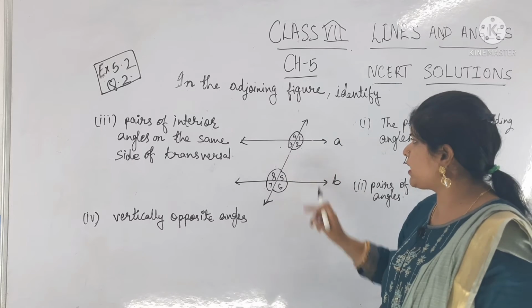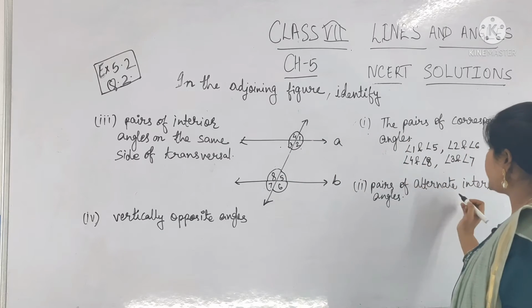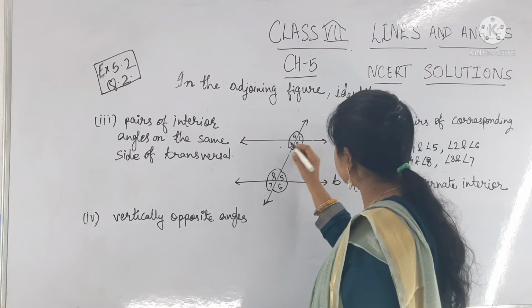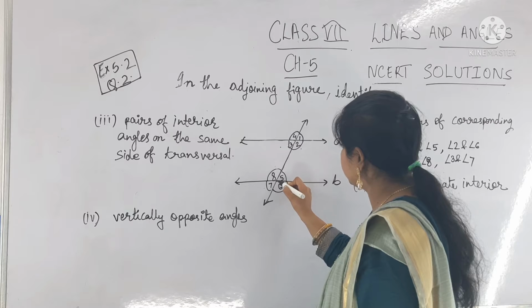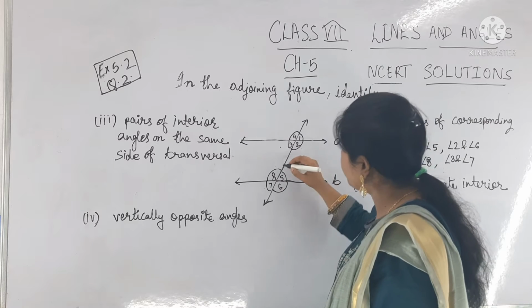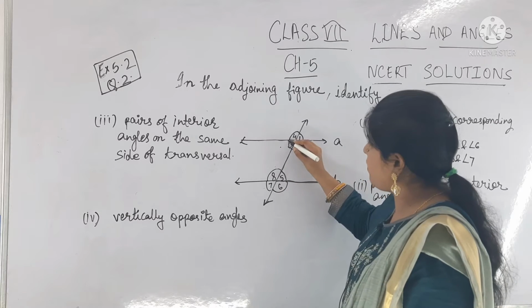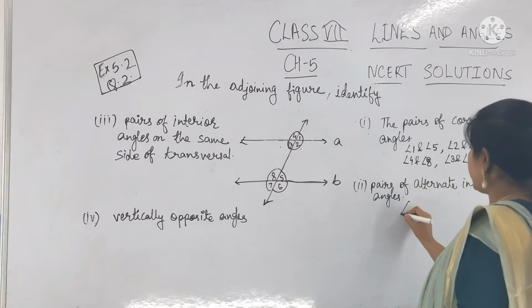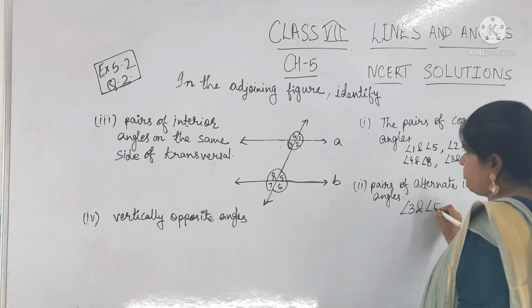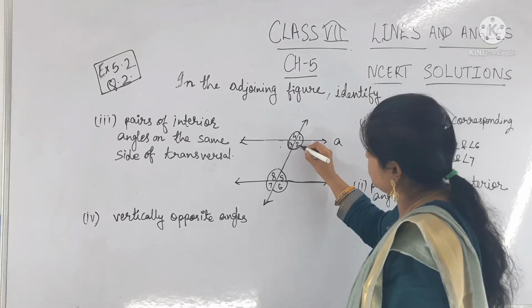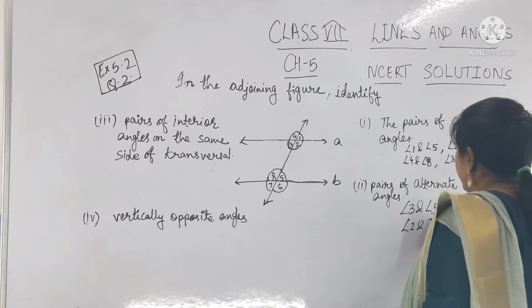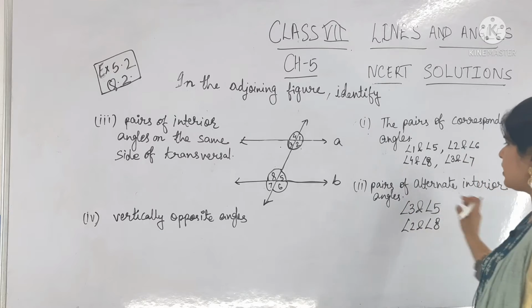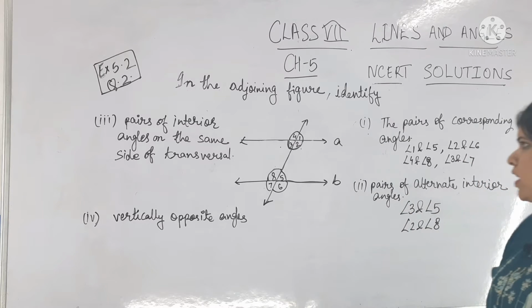So you have to find pairs of alternate angles. This is making a Z, like this. You have to make a Z. So angle 3 and angle 5, and angle 2 and angle 8. These are the pairs of alternate interior angles.